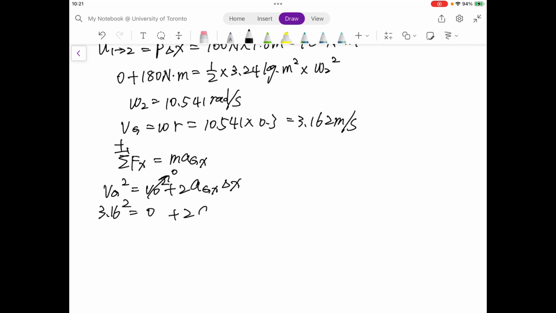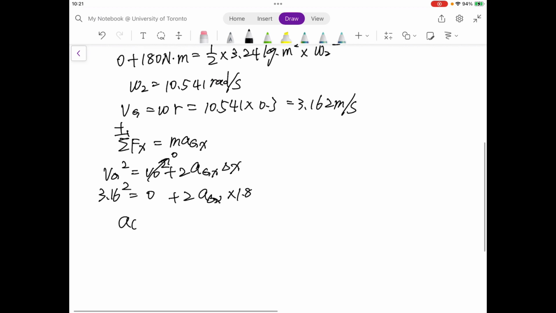So 3.16 square is equal to 2 times a_Gx times 1.8. So a_Gx is equal to 2.78 meter per second square.